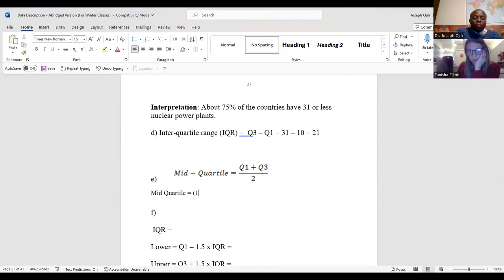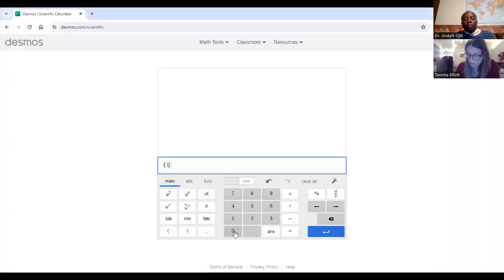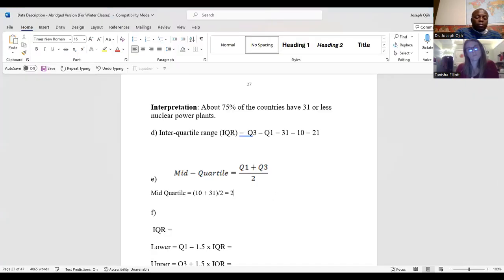Q1 is 10 and Q3 is 31, divided by 2. 10 plus 31 divided by 2 gives you 20.5. Okay.